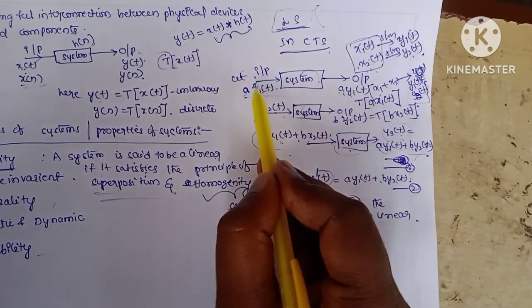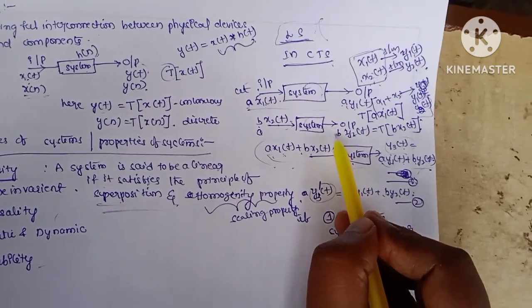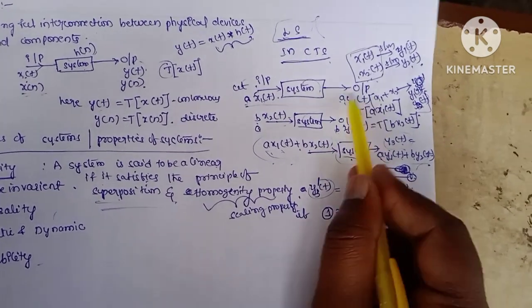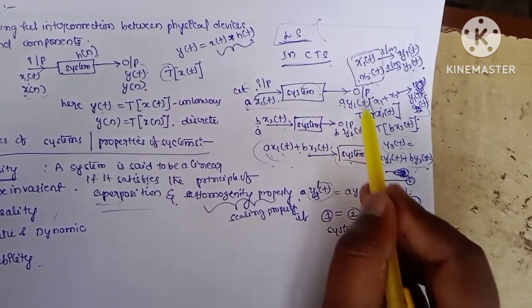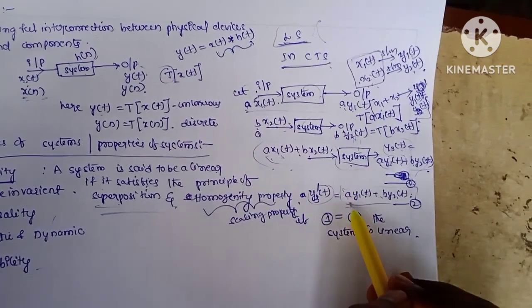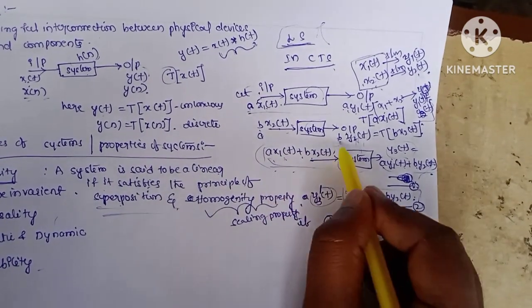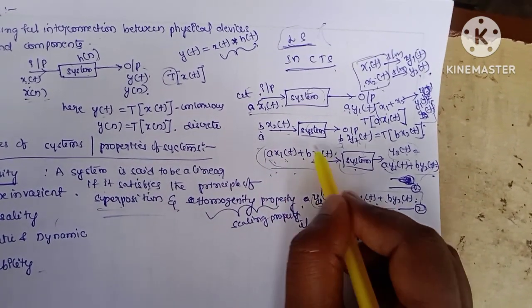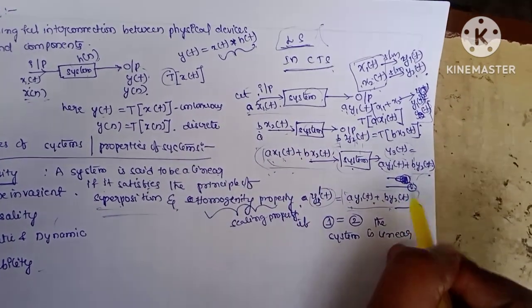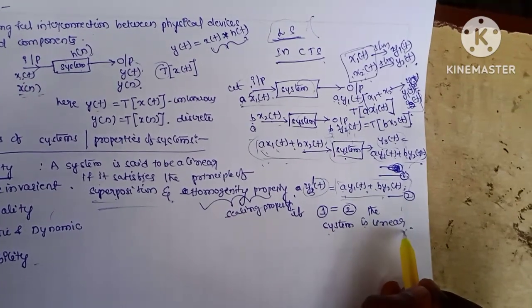If you observe here, this system got a y1 of t and this system got b y2 of t, the individual responses. If we sum the individual responses and compare with the combined response, if they both are equal, then the system is a linear system.